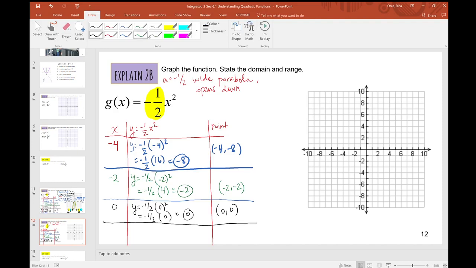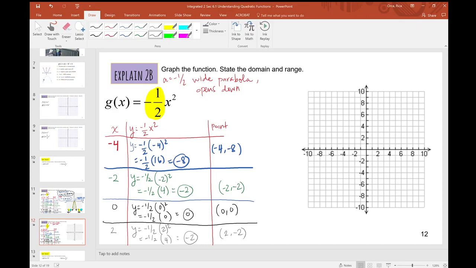For our fourth point, we're using x equals 2. When x equals 2, y equals negative 1/2 times 2 squared, which equals negative 1/2 times 4, which is negative 2. So 2 comma negative 2.